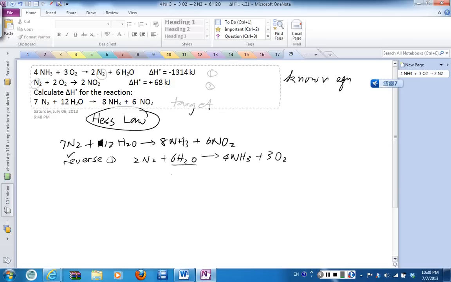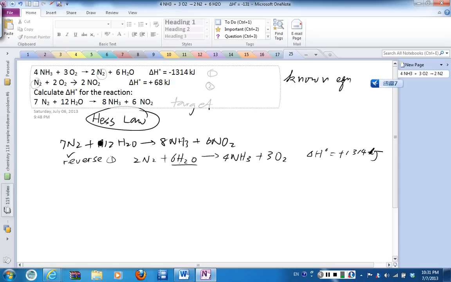Now, remember, whatever you do to the equation, you've got to do to delta H. We reverse the equation, we got to reverse the sign of standard enthalpy change. Delta H is now positive 1314 kilojoules. But of course, it's not a match yet. We need an exact match of 12 water molecules. Now we have 6.